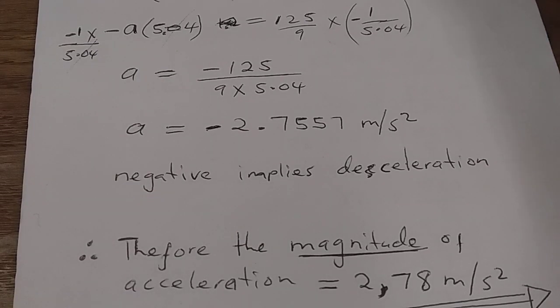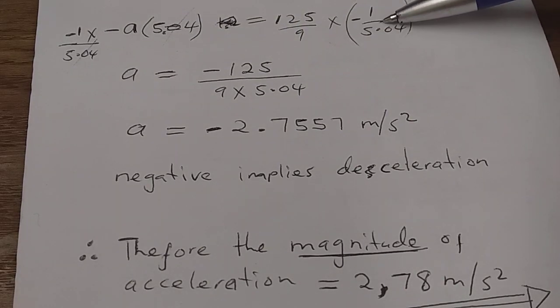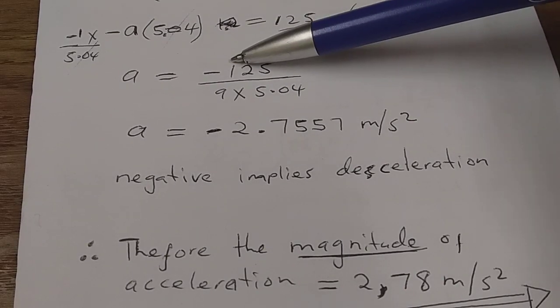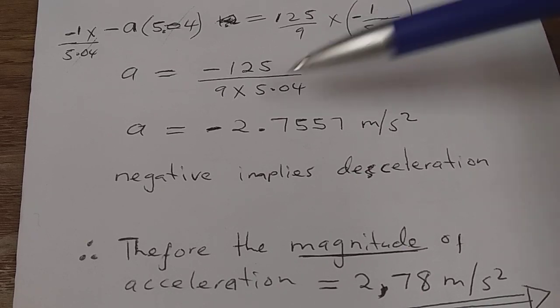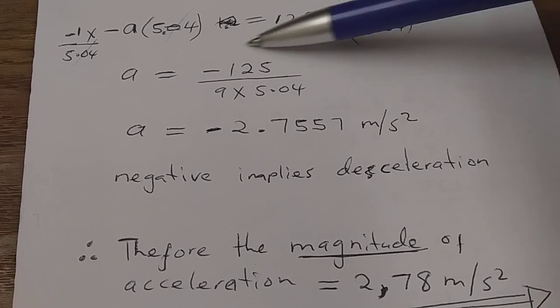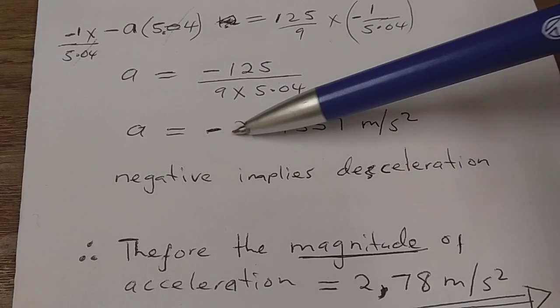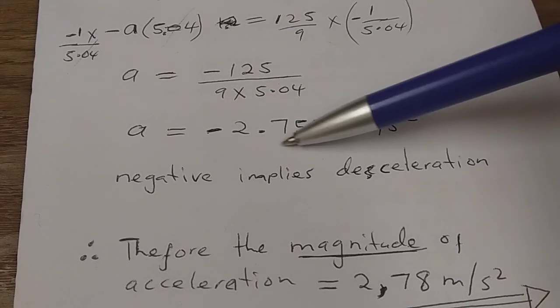So basically what you are going to do here, you are going to multiply 125 by that, then you get 125 negative because of the negative sign, so it's a negative answer. Then 9 times 5.04. Once you simplify this, you are going to get negative 2.7557. I just rounded off this one.